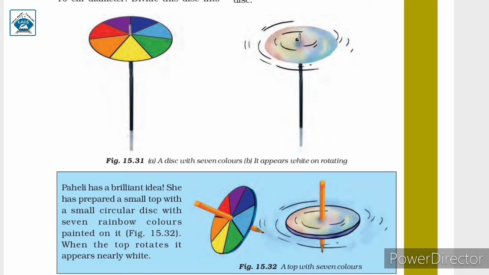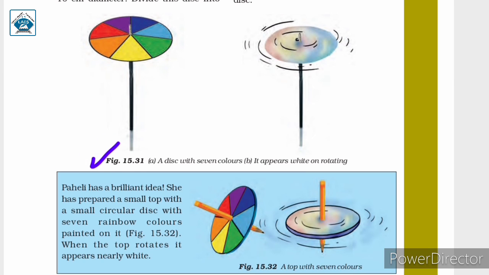You need to paint the 7 rainbow colors on the segments. You can take colored papers of those 7 colors and paste them on these segments. After that, you need to make a small hole at the center of the disc and fix it loosely at the tip of the refill of a ballpoint pen.